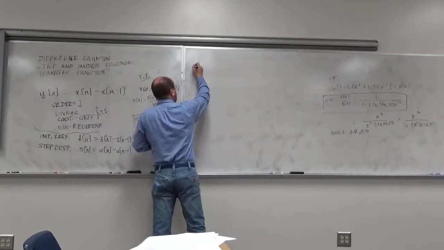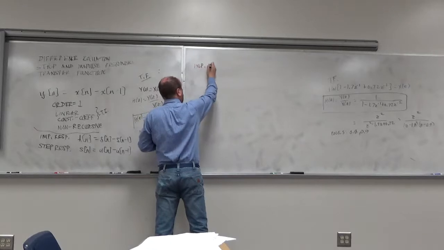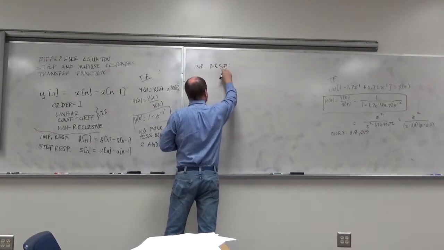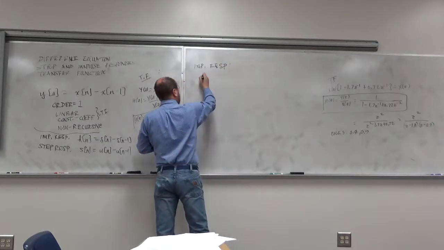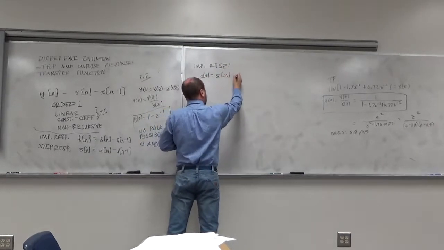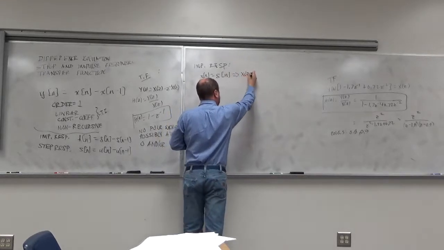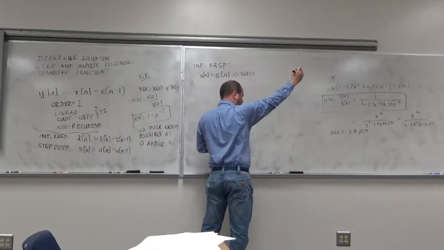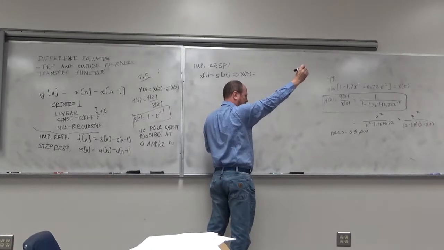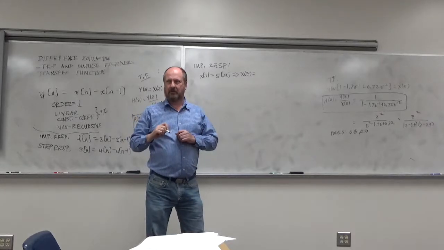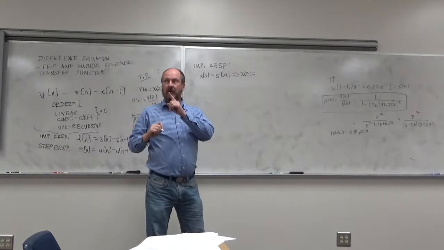However, for the impulse response, the input x of n would be delta of n, and that means that X of z is what? Z transform of the impulse? One?